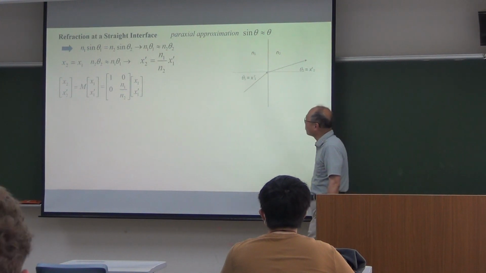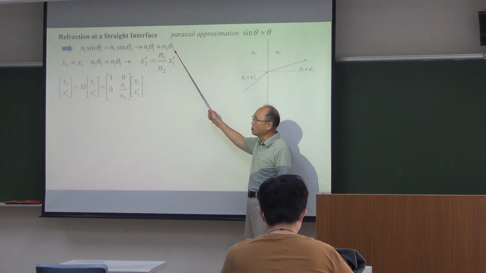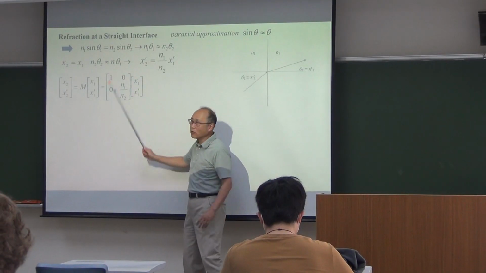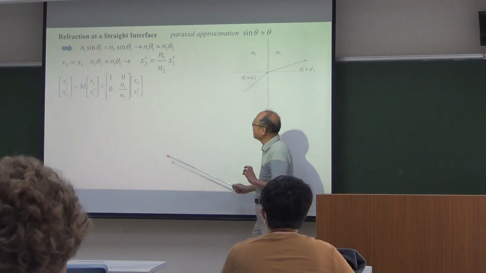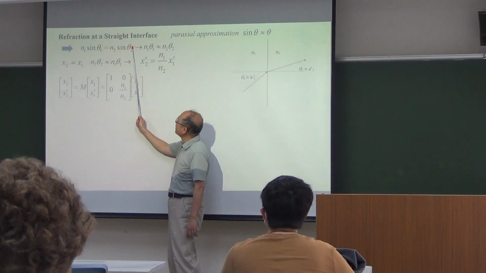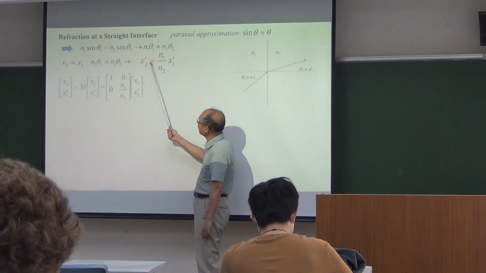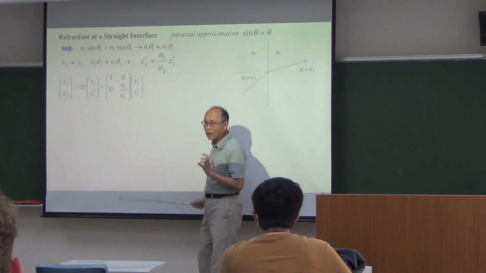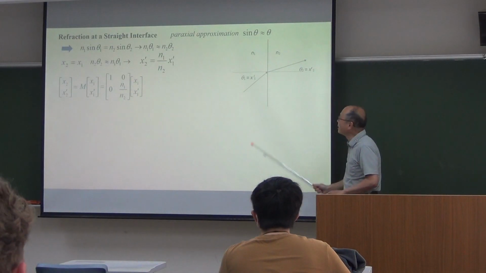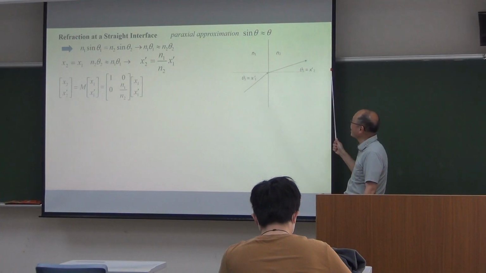One way to linearize it is to assume that those angles are small. Therefore, this angle varies linearly with the input angle. With this linearization, we understand we'll be looking at the light ray close to this axis.